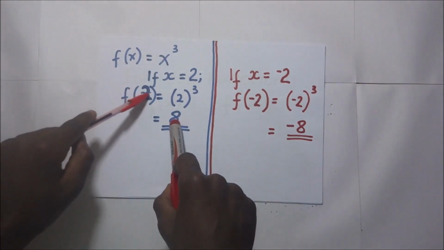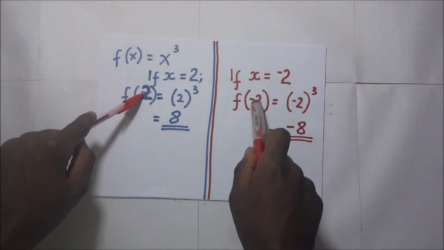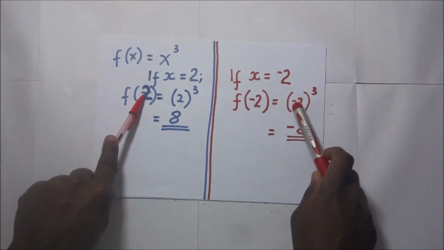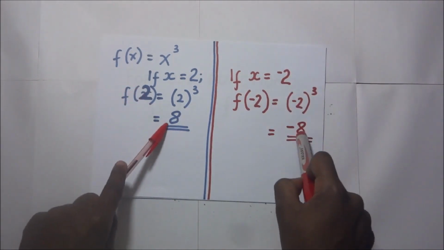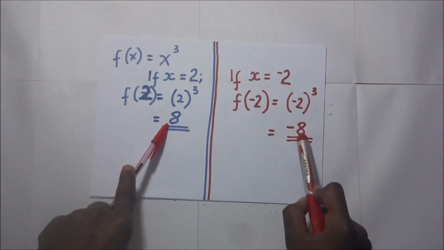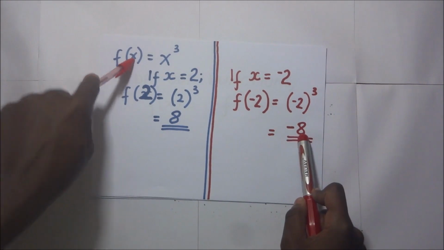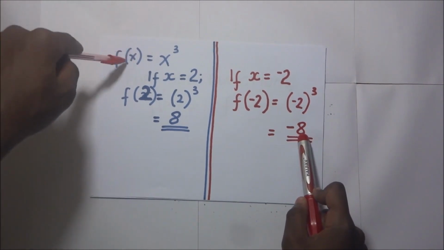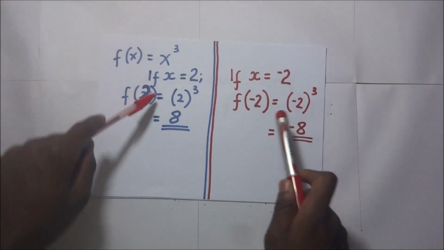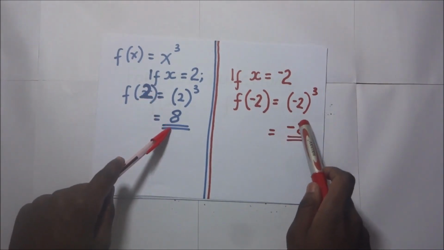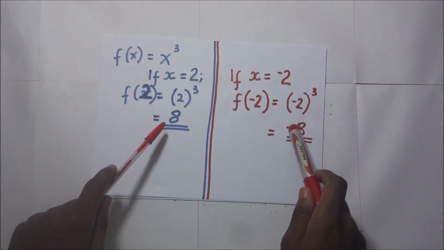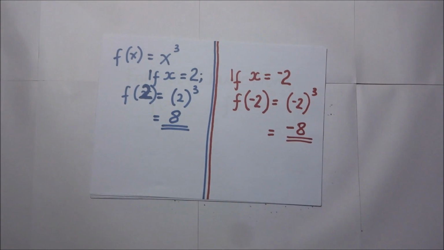Now in the same place, we put negative 2. Negative 2 to the power 3 is going to give us negative 8. So with an odd function, when we put in a negative value in the place of x, like we have done here, you end up with a negative answer.